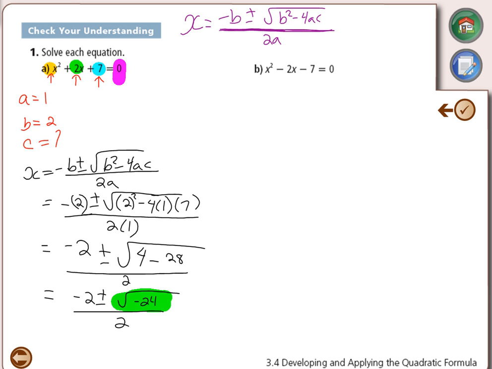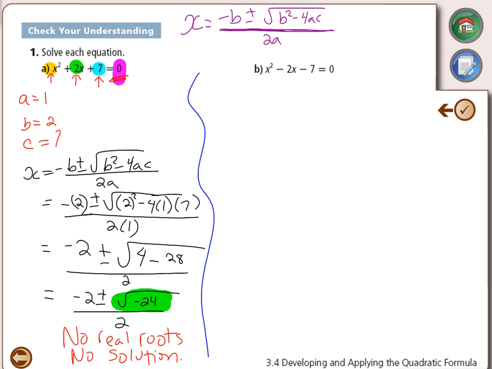We're taking the square root of a negative number. What that's going to mean for us here, can't take the square root of the negative number, so therefore there's no solution, or no real roots. No solution. No value of x will make this a true statement up at the beginning.